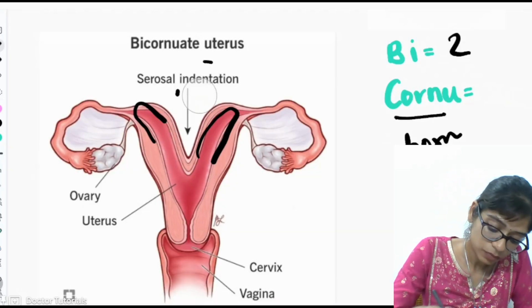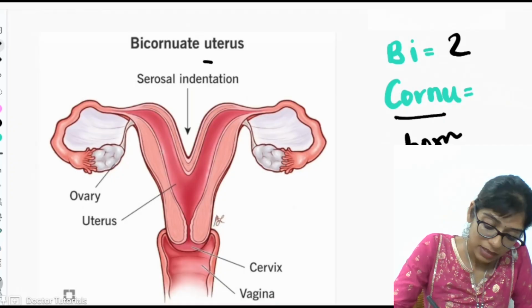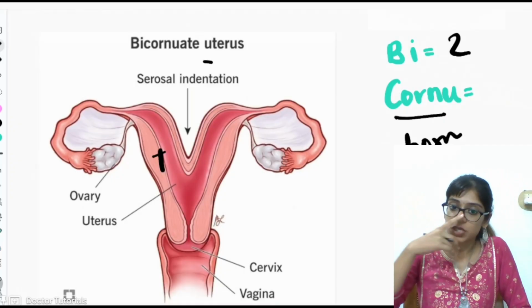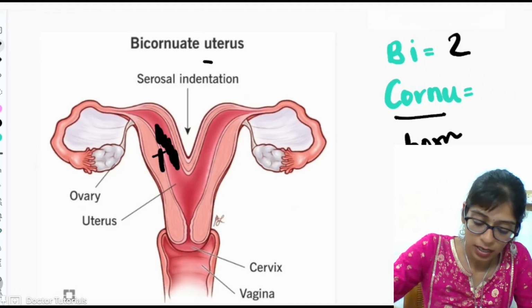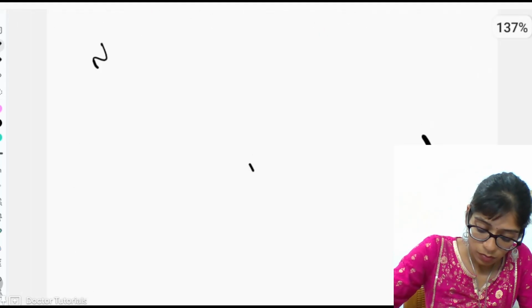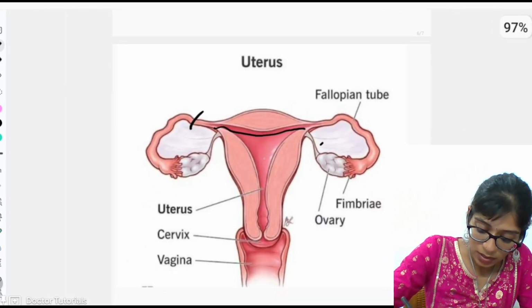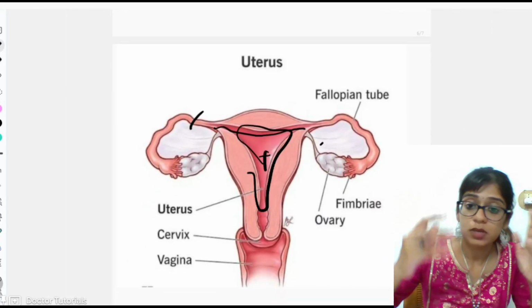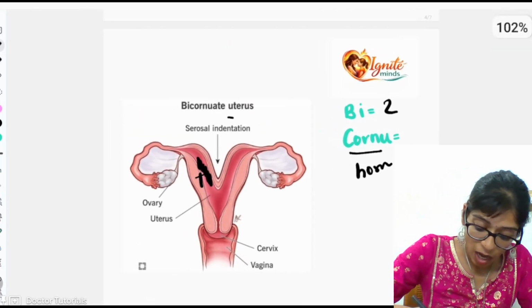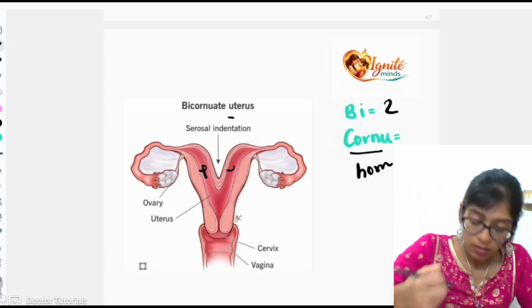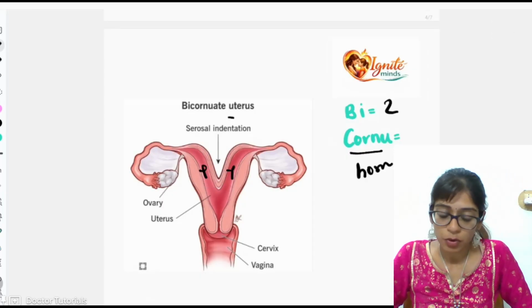Okay, so one thing, if implantation happens in such a uterus, first of all there is less space here. Unlike the normal uterus, where there is proper space for the embryo to grow, here in the upper part of the uterus there is less space for the embryo to grow.